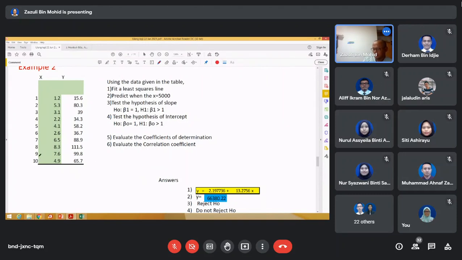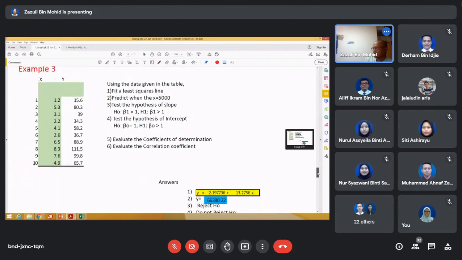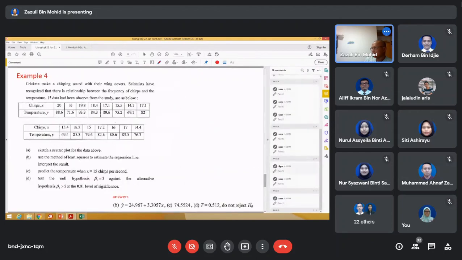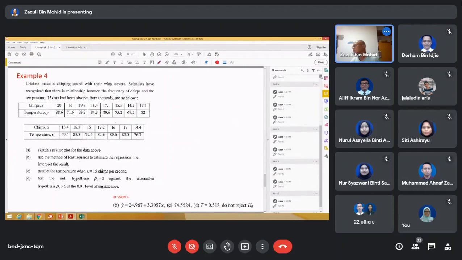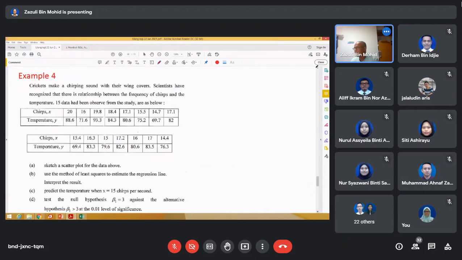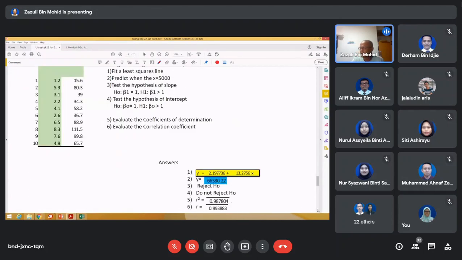You have N is 10, and then you have to predict what happens when X is 500, and then you have the next hypothesis here, and you calculate as I showed in the first example. So please do it. Make sure you can have the answer just like in the slides.